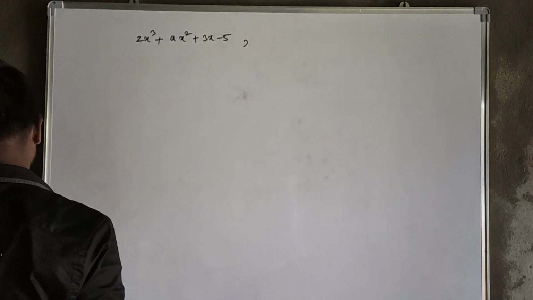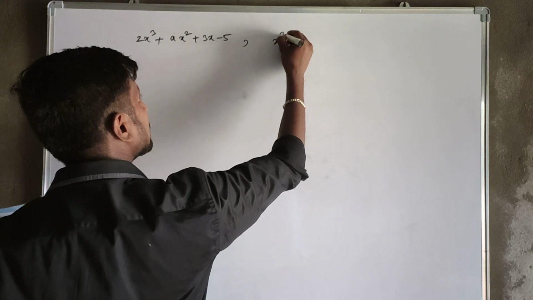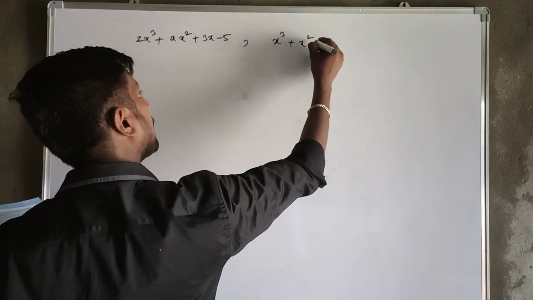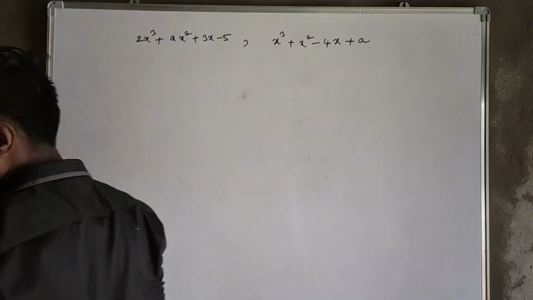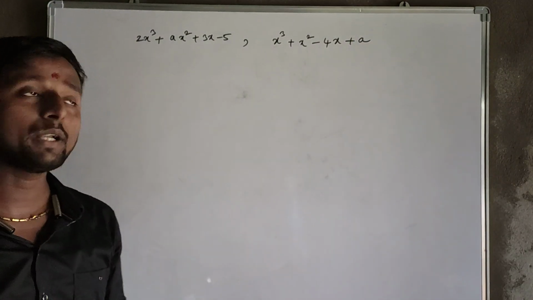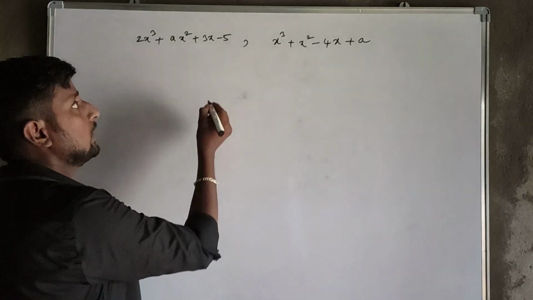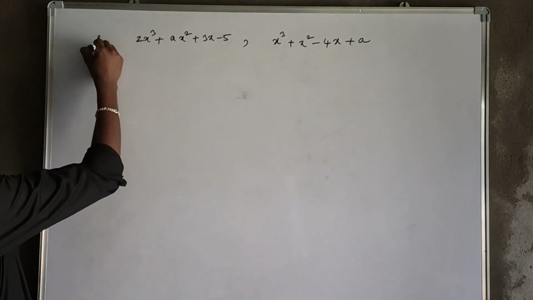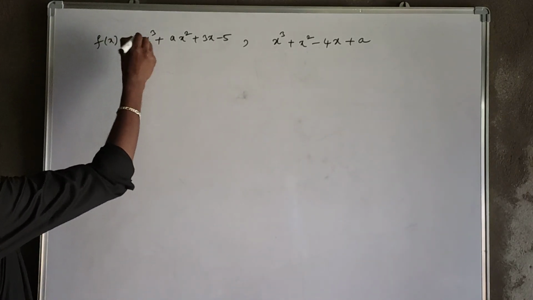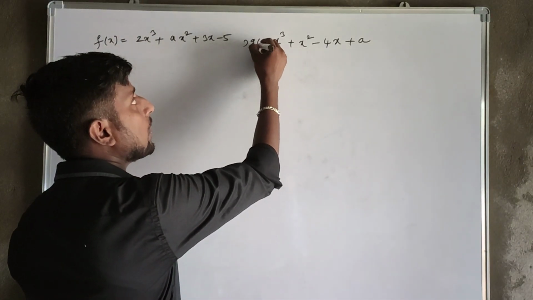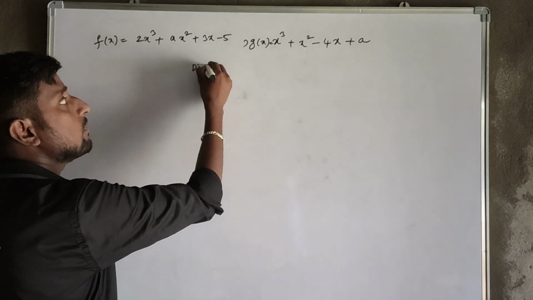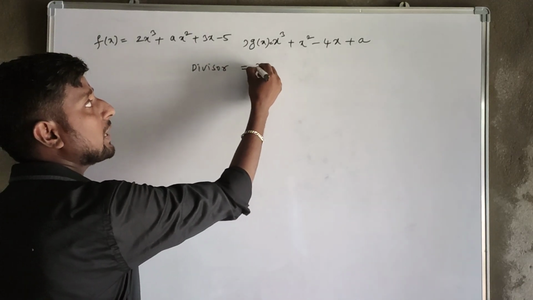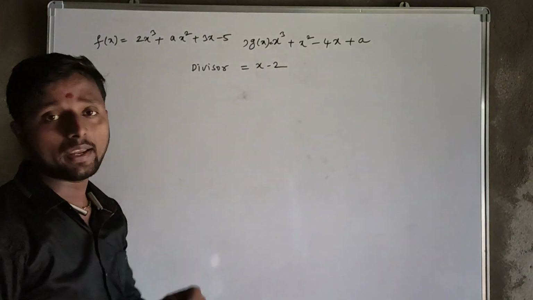That's our first polynomial. And one more, x cube plus x square minus 4x plus a, leaves the same remainder when it is divided by x minus 2. As in the first problem, I'll write it as f of x and g of x, and the divisor x minus 2.